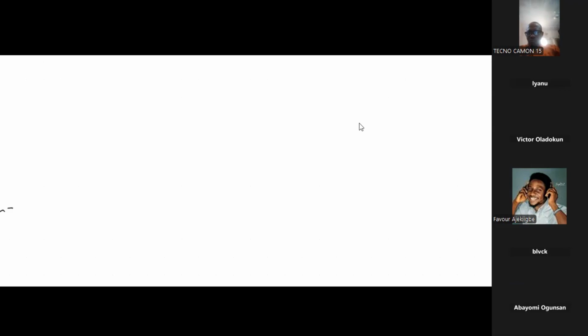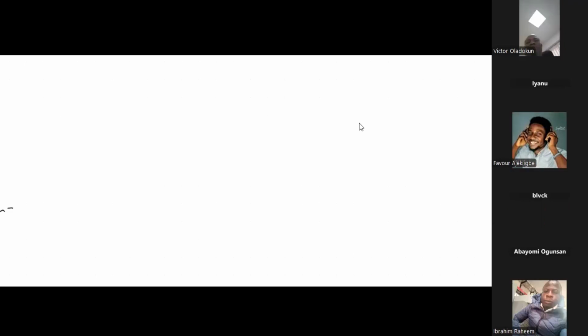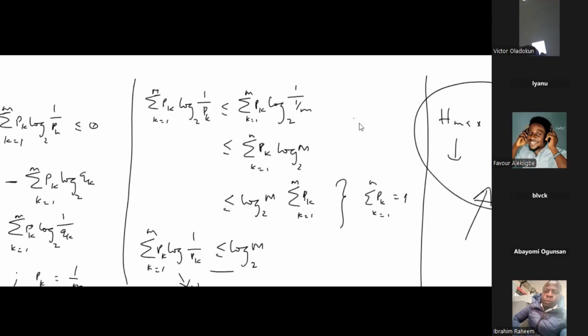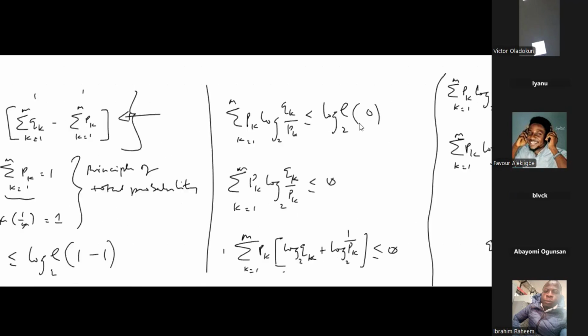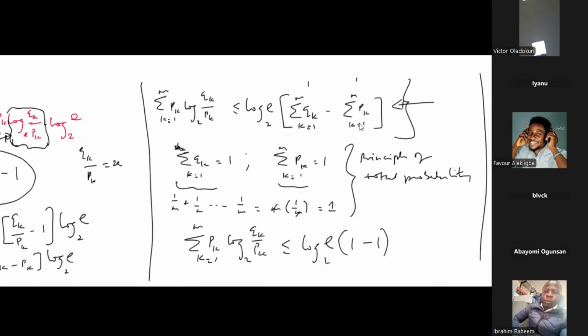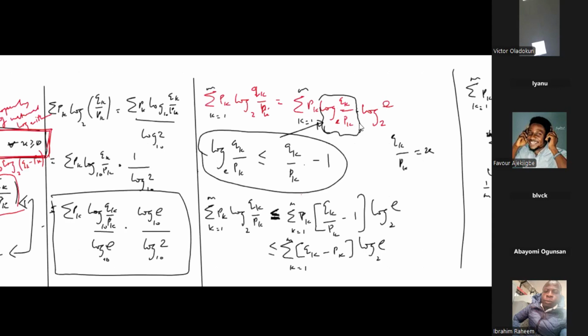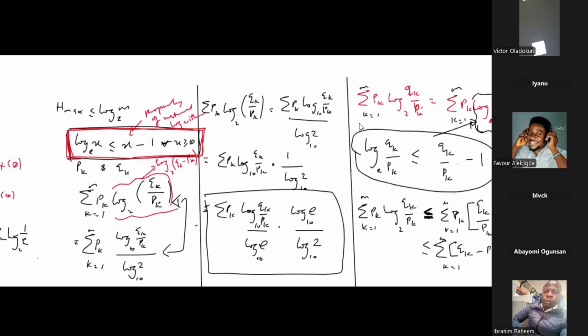Blessing. Okay, good morning, Doctor. Very good morning. Yes, sir. So I have two questions. In the case of this proof, if we go back to the part where we're expanding the difference between the summation of P of K, open brackets, log 2 of Q of K plus P of K. I don't know if you get what I'm talking about, sir.